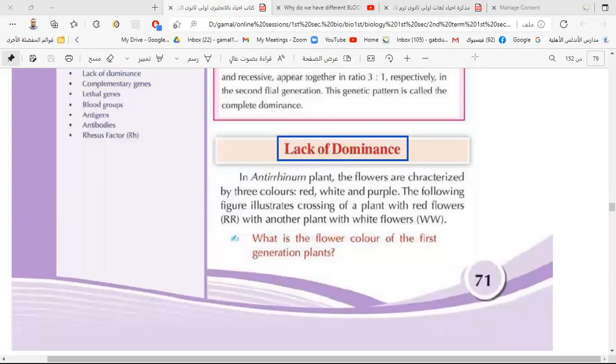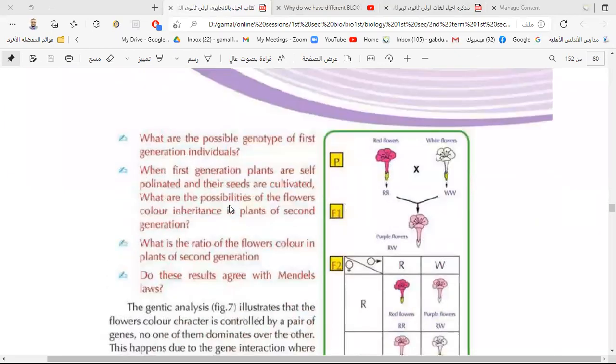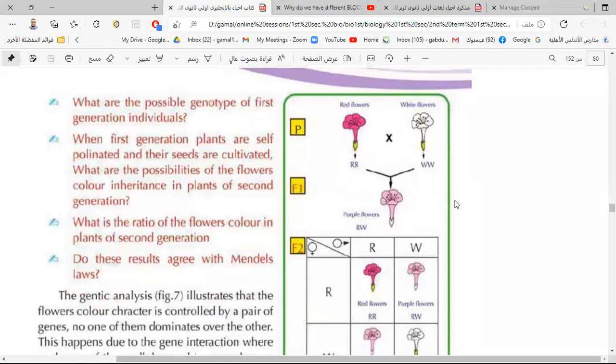Like what we have studied in the four o'clock plant, we have a gene responsible for the appearance of red color and another gene responsible for white color of the flower. But the two genes have the same power. No dominant gene and no recessive gene.